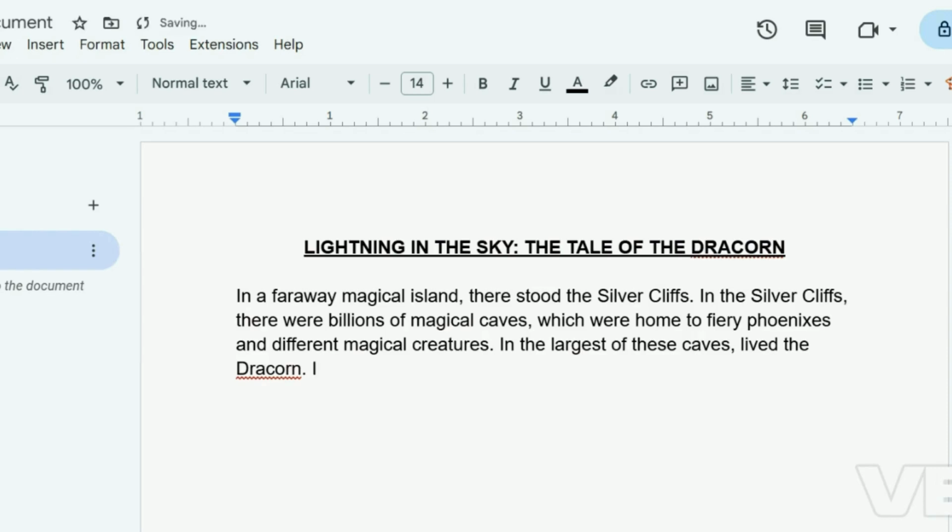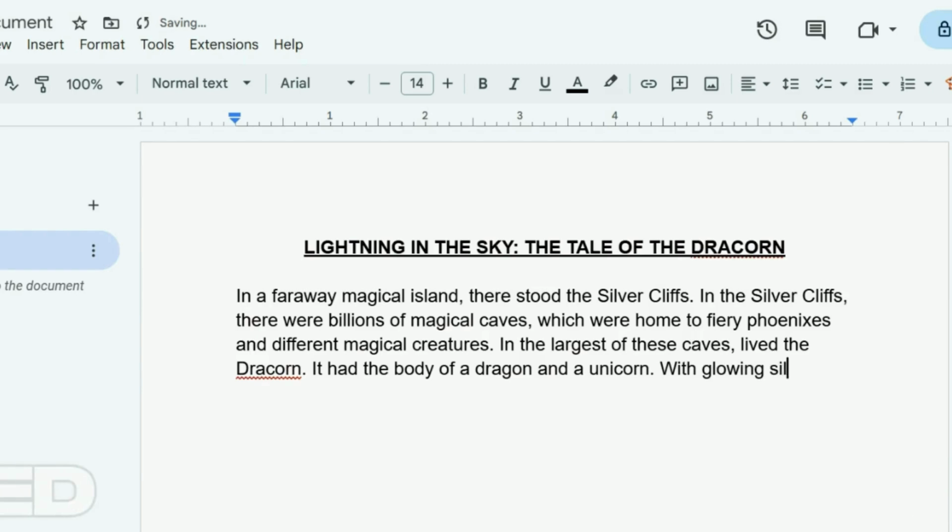Now we are describing Dracon. It had the body of a dragon and a unicorn. Yeah. So it had glowing silver scales. We should add that. With glowing silver scales and wings too, right? Wings, and it had a horn. Yeah, a ginormous horn.